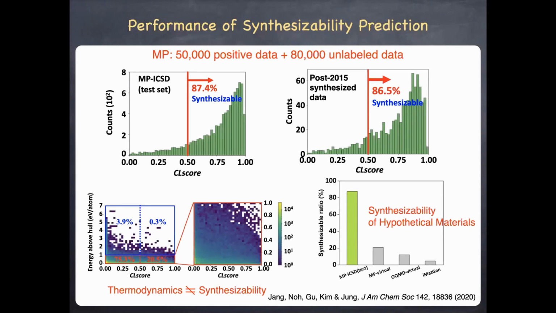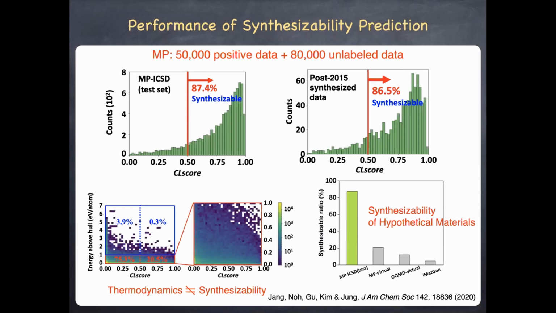And as another validation, we trained the model using the synthesized materials up to the year 2015, and saw if the model can predict the materials that have been synthesized between 2015 and 2020 as synthesizable. And we see that, again, about 86% accuracy.